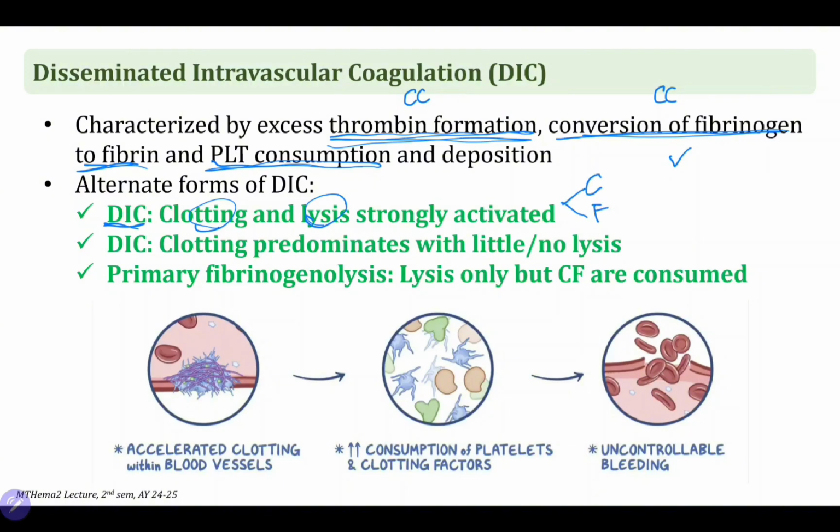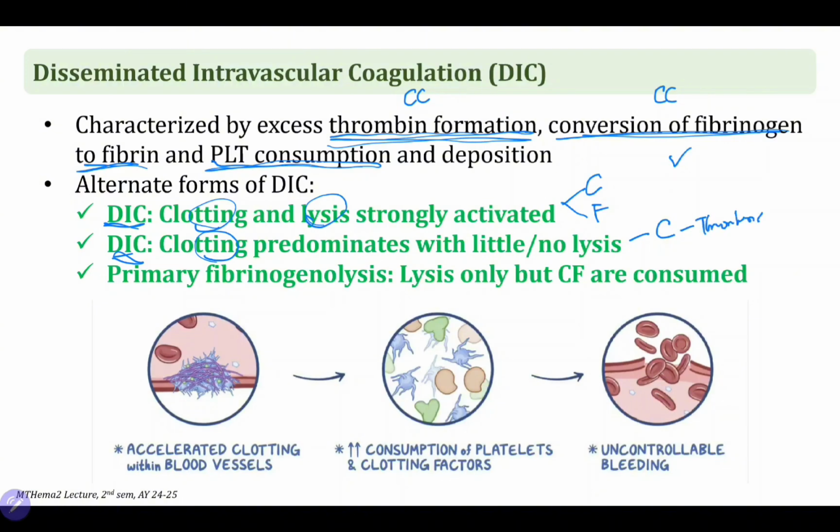Okay, nagkakaroon ng thrombosis, nagkakaroon ng bleeding. Okay, it can also be a DIC wherein your clotting is predominant with little to no lysis. So, meron lang siyang continuous activation ng coagulation cascade. Tapos, yung na-form na fibrin clot, hindi siya nalalyze, which leads to thrombosis.